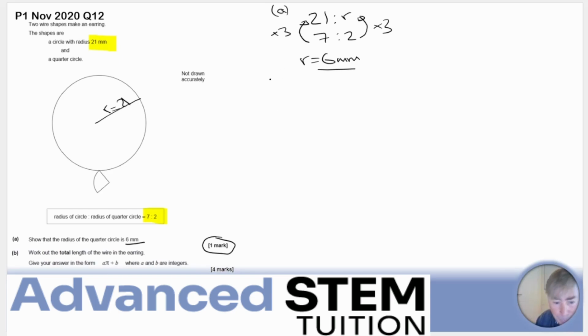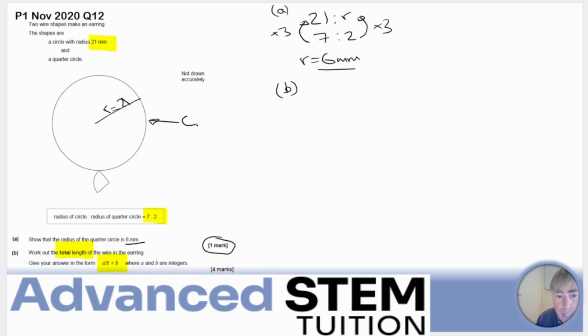Pretty straightforward. The second part of the question is now asking to find the total length of the wire used, i.e. the perimeter of both shapes, and we need to give that answer in a specific form, which is a pi plus b, where a and b are both integers. Okay, so this is part B. So what we're going to need to do is work out the circumference.